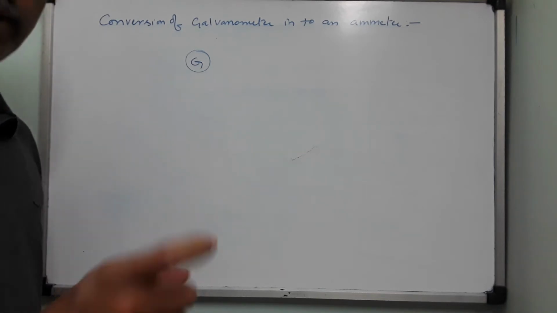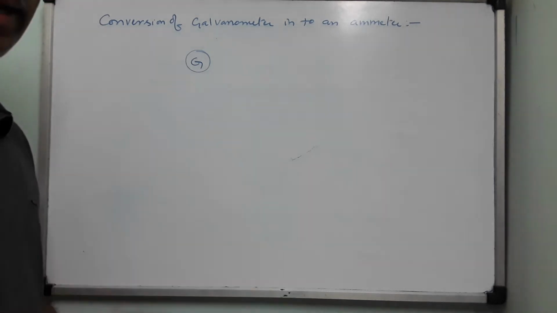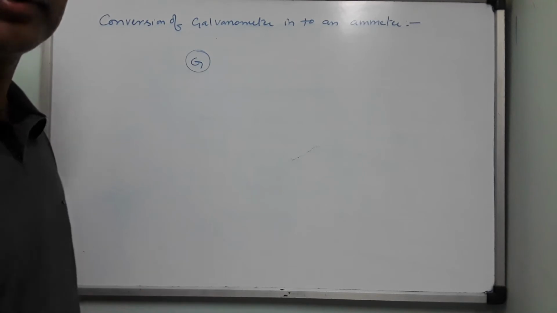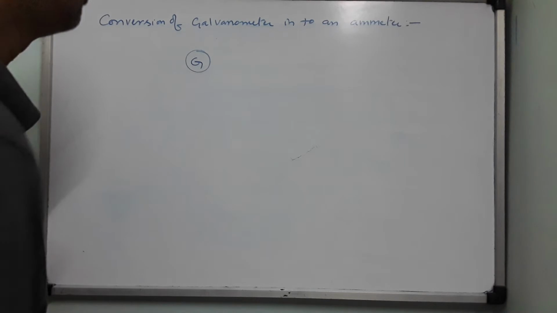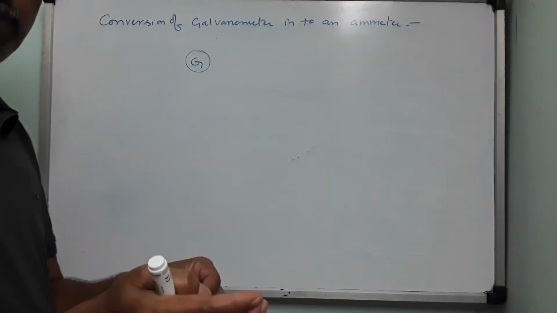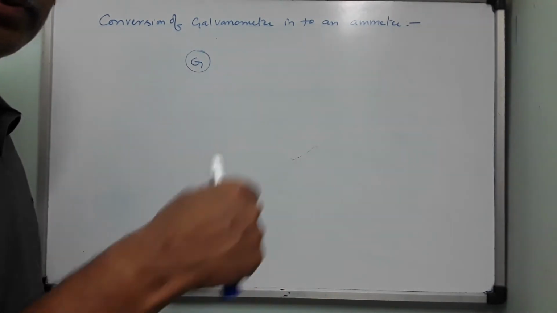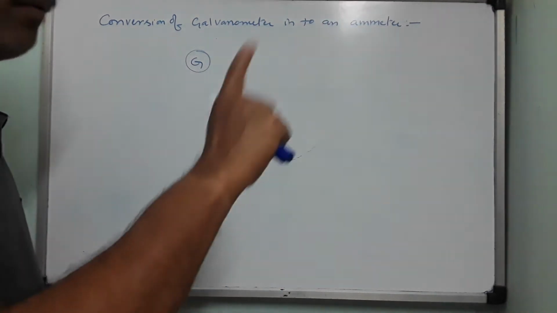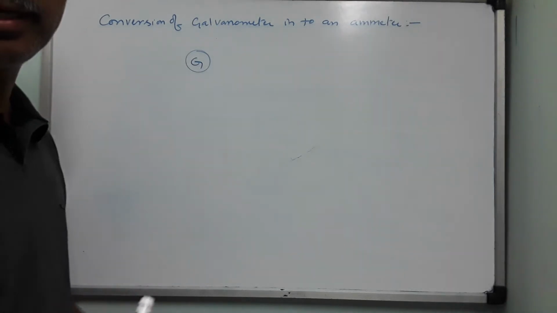The coil deflects because of the current, because of the torque. That coil is made of a copper wire of a certain length, wound into a number of turns. Copper wire is nothing but a conductor, so it has a certain resistance. Everything, the concave shaped magnetic poles, the soft iron cylinder, the coil wound on the soft iron cylinder, the hairspring and the pointer, will now be shown in the form of a symbol, G encircled.